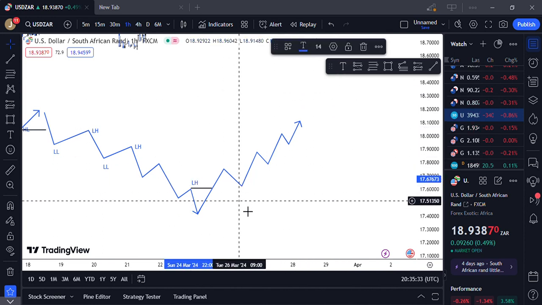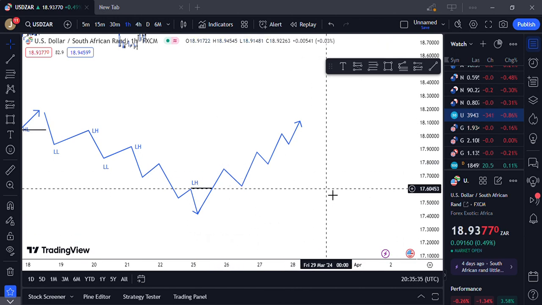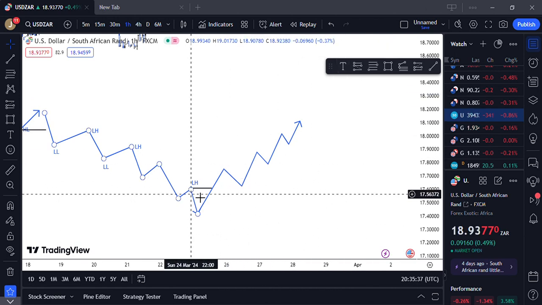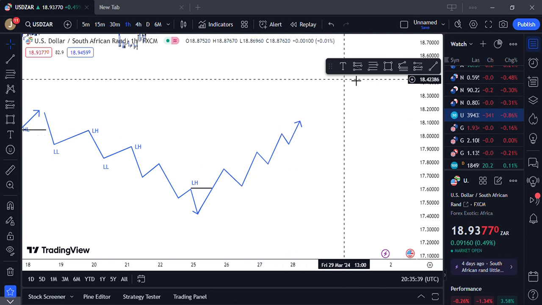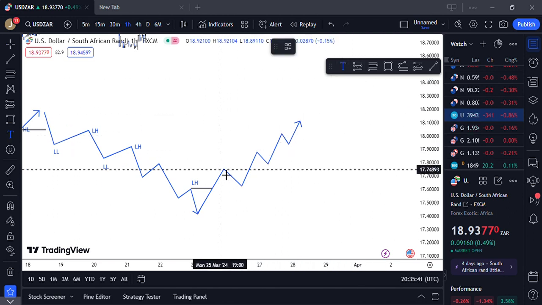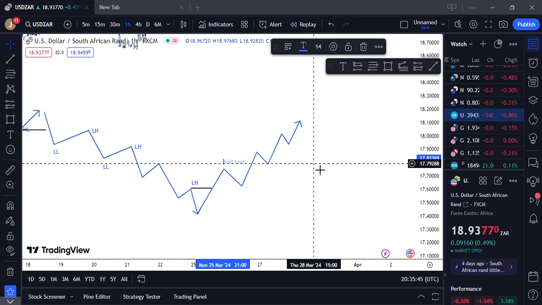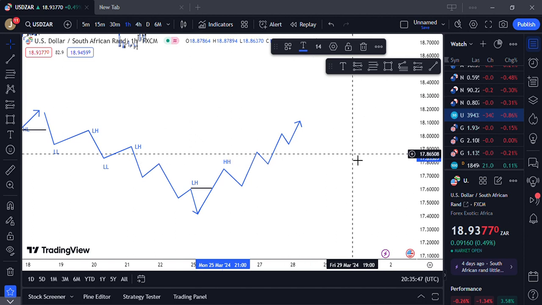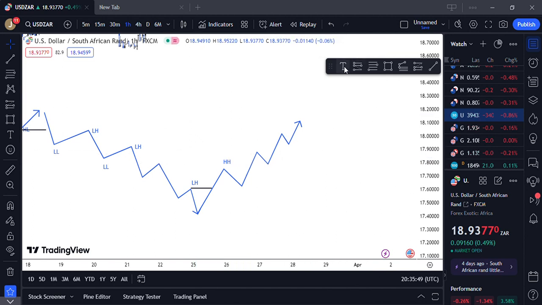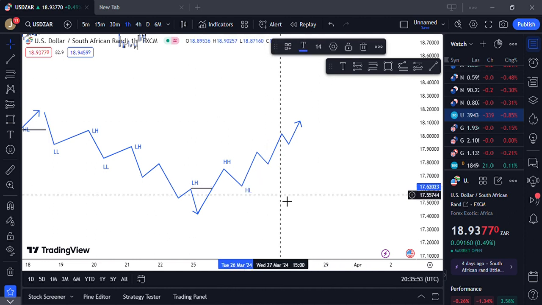Yeah, lower high. Now when price passes here, that's when you can start saying it's an uptrend. Now this becomes a what? Higher high. This becomes a what? Higher low.